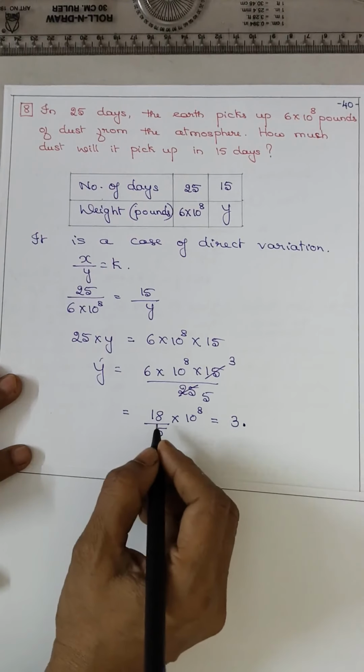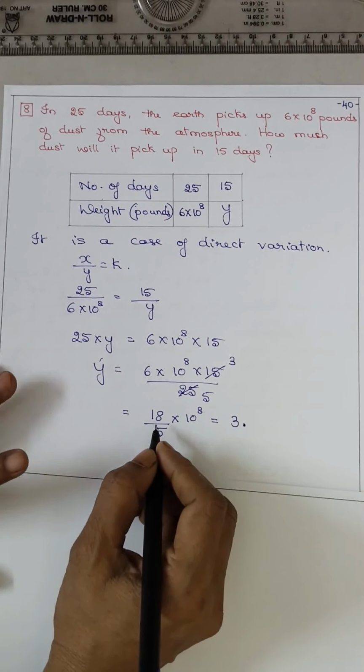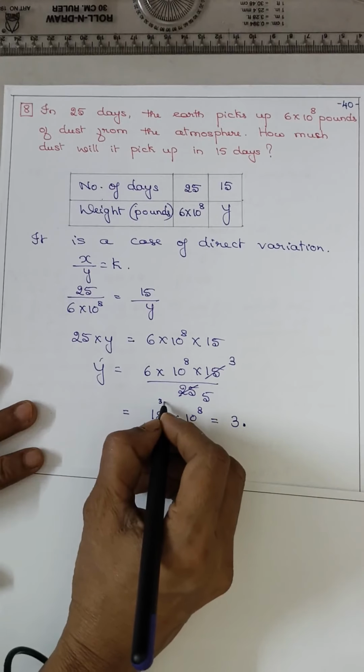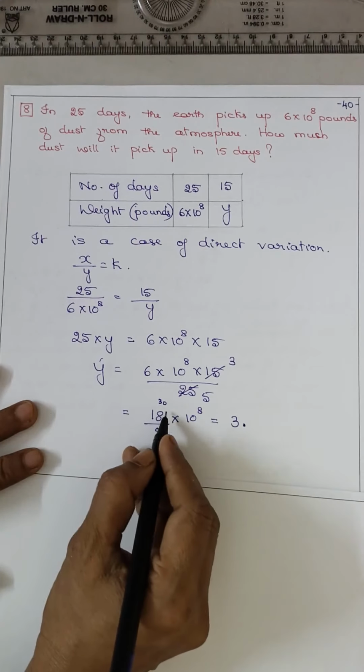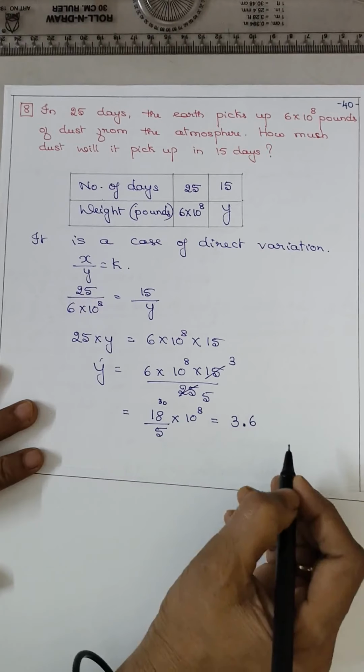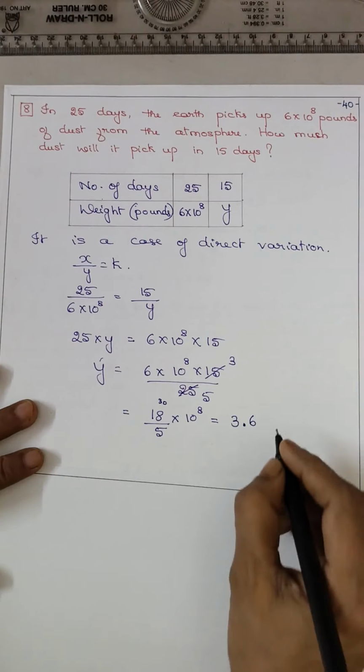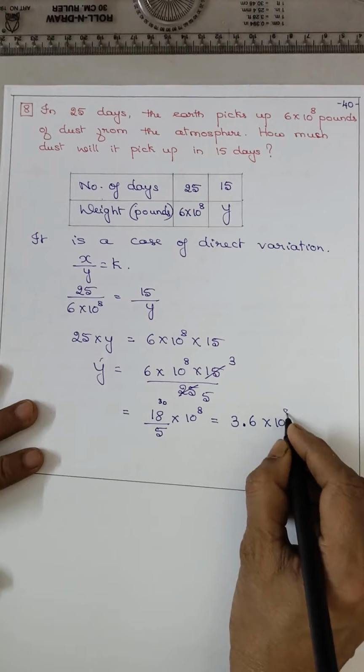Decimal point, 5 3s are 15, 16, 17, 18. 3 remains, extra 0 ले लो, so it is 30. 5 6s are 30.